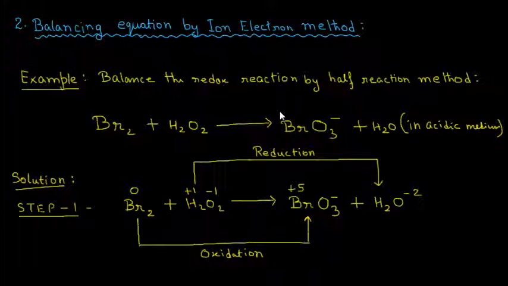For example, Br2 oxidation number is 0 in the reactant, but in BrO3 minus, Br's oxidation number is +5. Similarly, oxygen's oxidation number in the reactant is -1, but in the product it is -2. So here Br2 to BrO3 minus is an oxidation reaction, and hydrogen peroxide to water is a reduction.